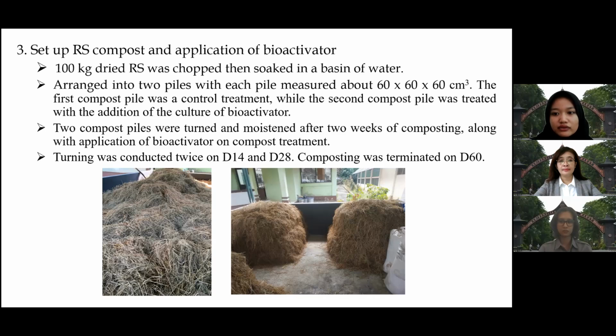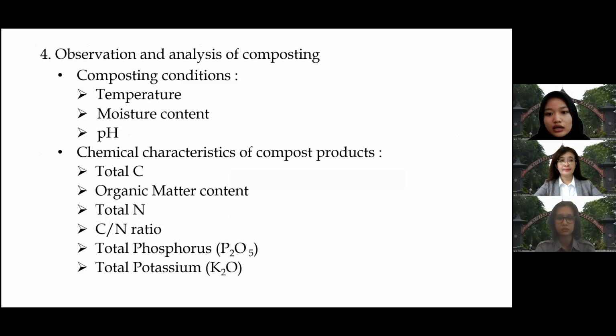The second turning was conducted on day 28, and then composting was terminated on day 60. During the composting process, we observed some variables of composting condition, and at the end of composting, we conducted analysis of chemical characteristics of compost product. The next slide will be explained by Kintavi.